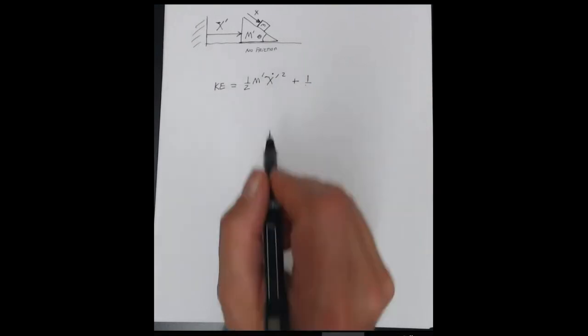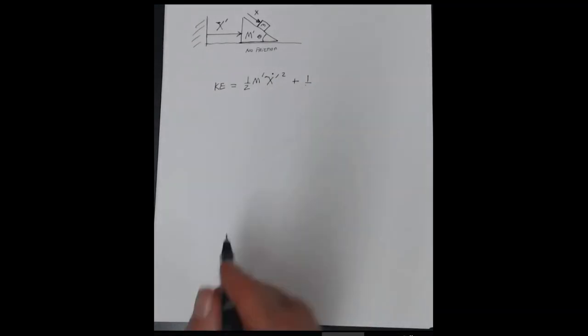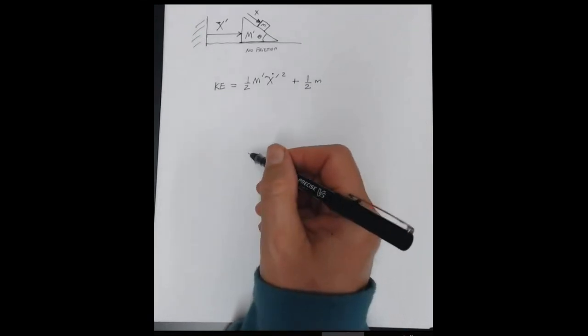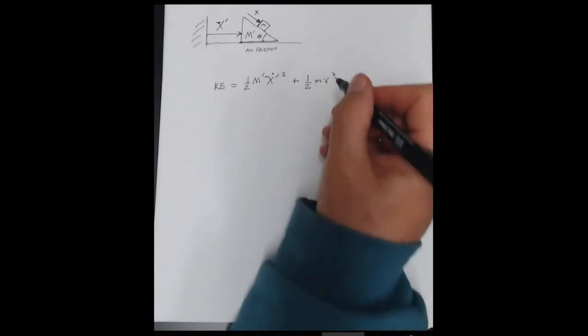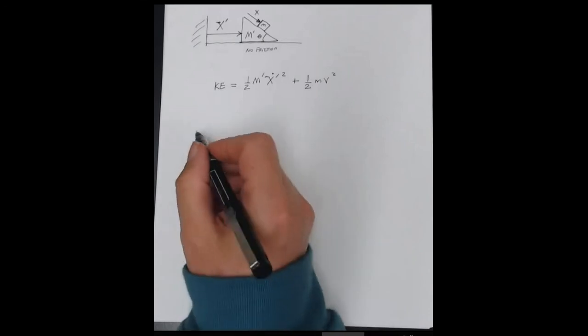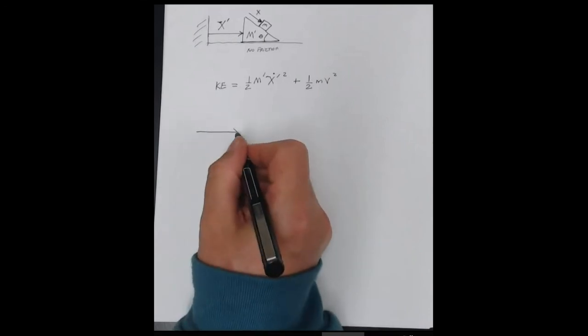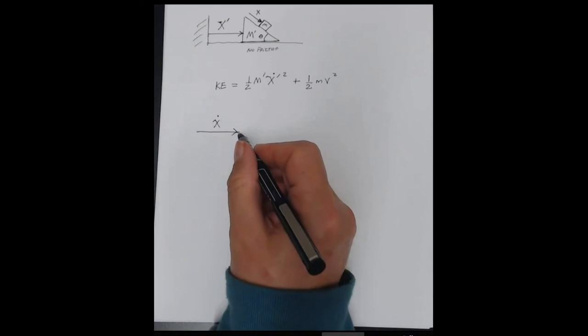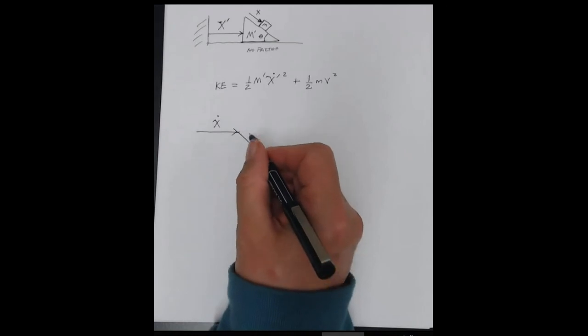And we have to figure out the velocity for that little mass. I'm going to call it v squared for a second, but let's figure out what v is now. The big wedge is moving with that velocity, and then we have the little mass moving, little x dot.